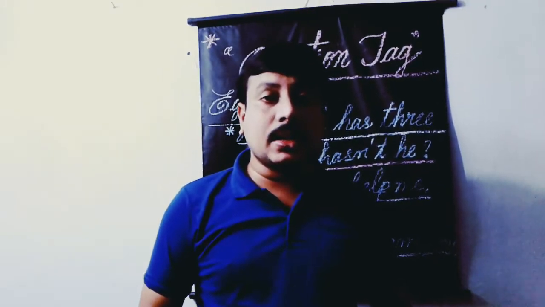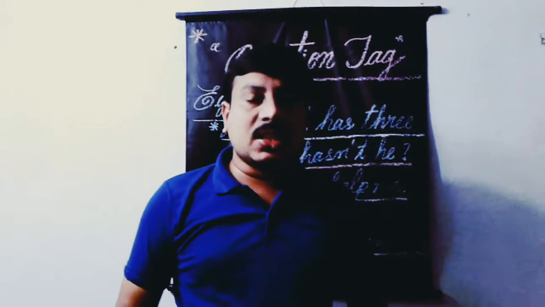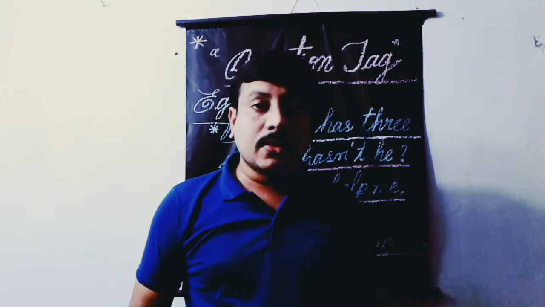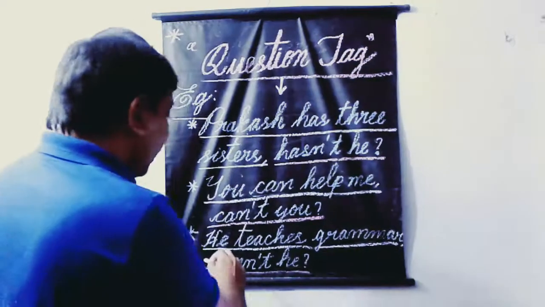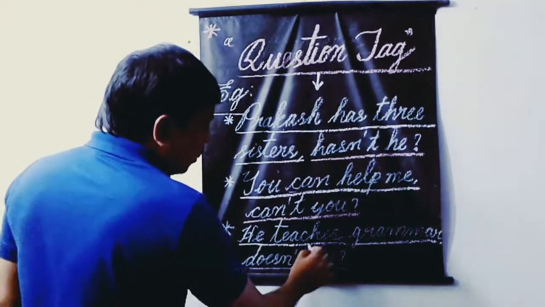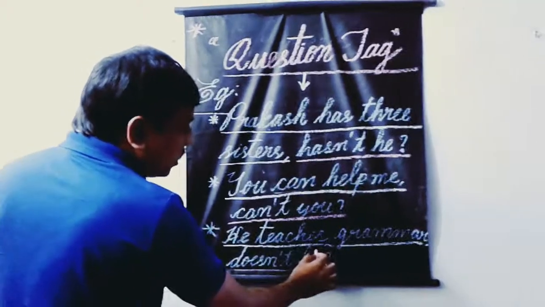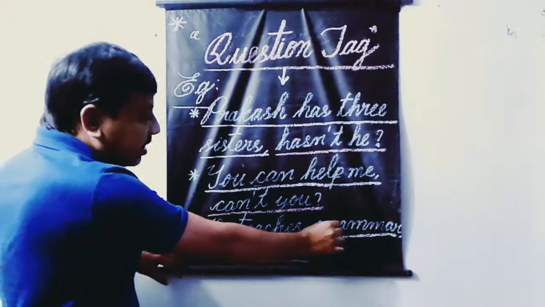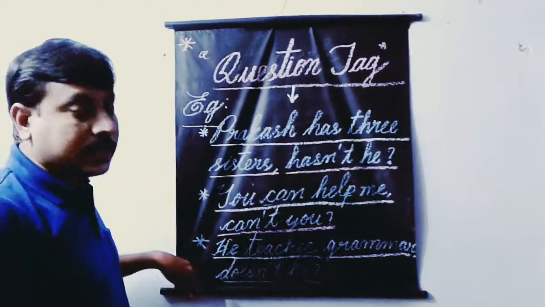While adding the question tag to the statement, if the statement does not contain the anomalous finite verb, we should use do or does or did in the question tag. He teaches grammar, doesn't he? Here does plus teach is equal to teaches. This is the statement which is in the simple present tense.